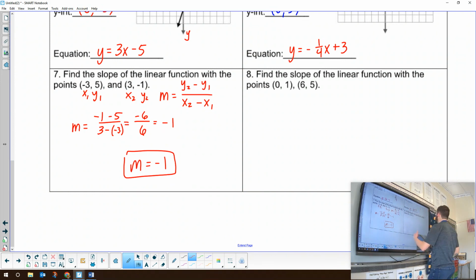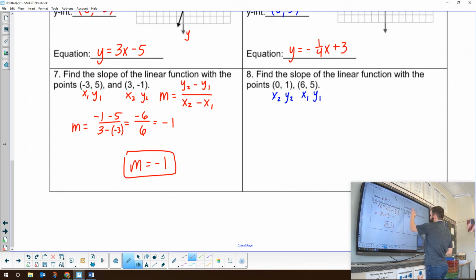Okay? Over here, once again, I want to show you that you can do it in either order. You could instead say that this is x2 and y2, and this is x1 and y1. Like I said, it doesn't matter which order they go in. You just have to make sure that your y's are on top and your x's are on bottom.